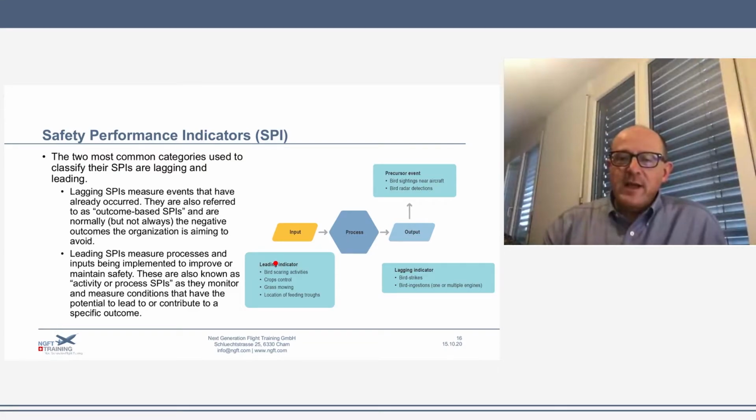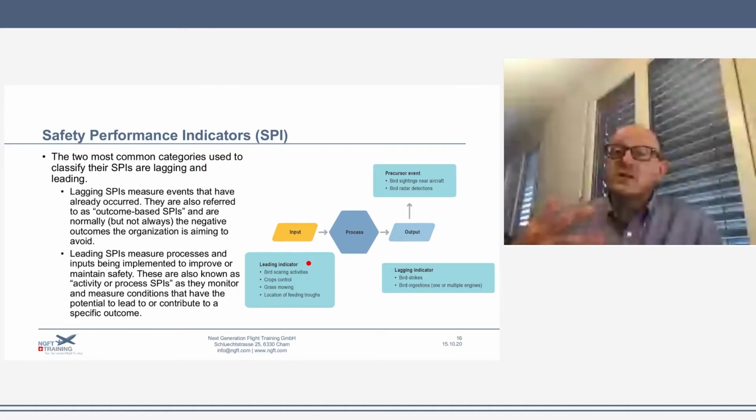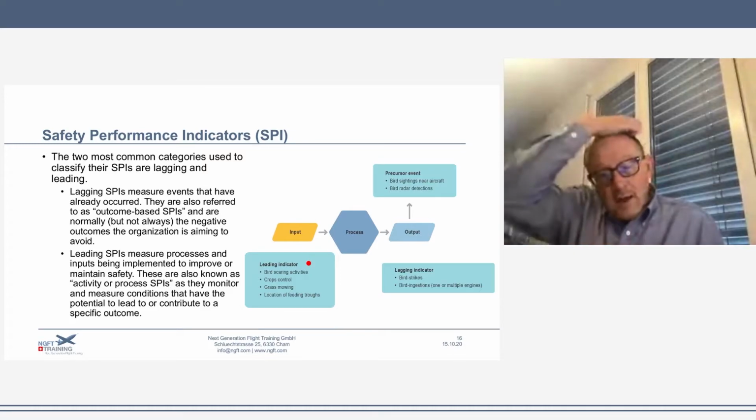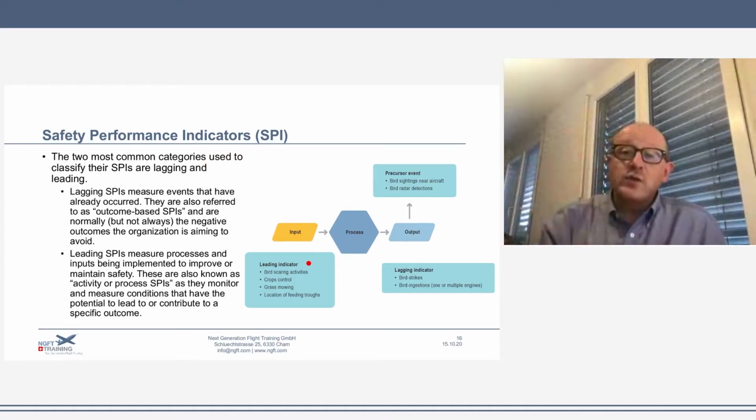We do have leading indicators, where we say, okay, there's been a certain number of scaring activities, and if that has increased, then we will have to intervene and do something.